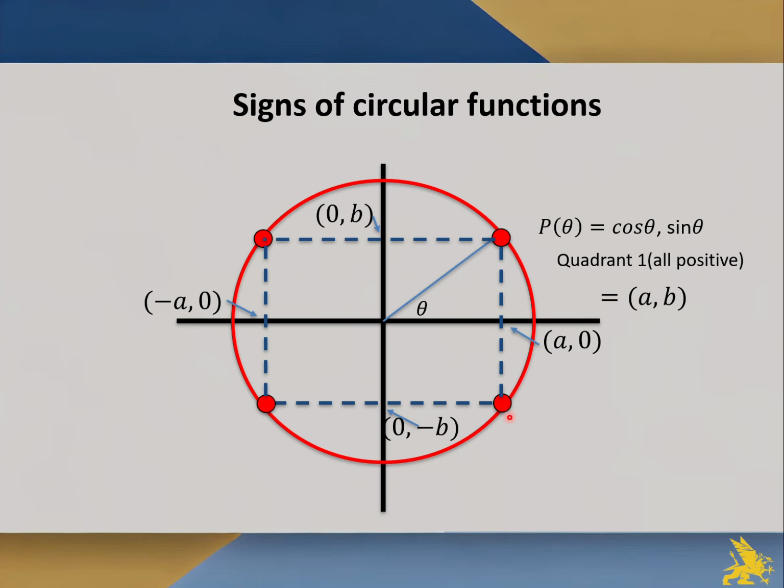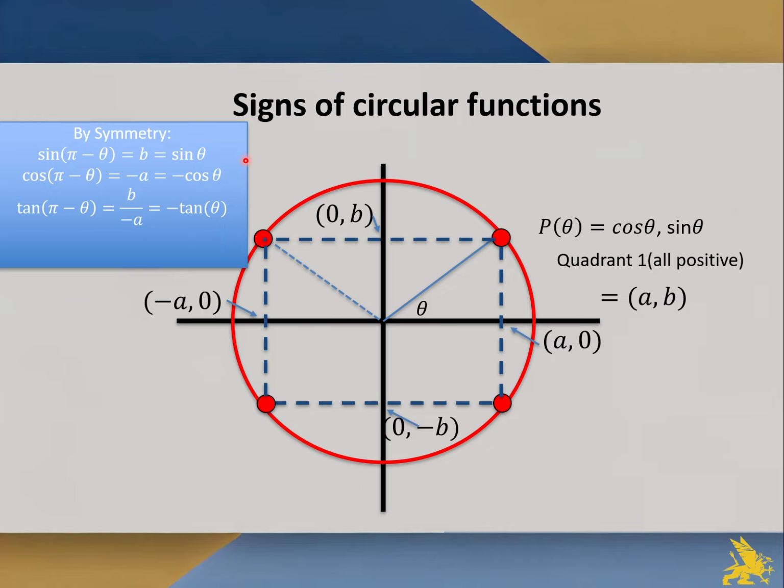So let's look at the second quadrant. Some of the things we can look at is our sine theta, which is this part here, is going to be the same as sine of pi minus theta because this here and this here are the same angles. And we know here this goes up, so it's going to create the same angle here. And we know S is positive in this area.